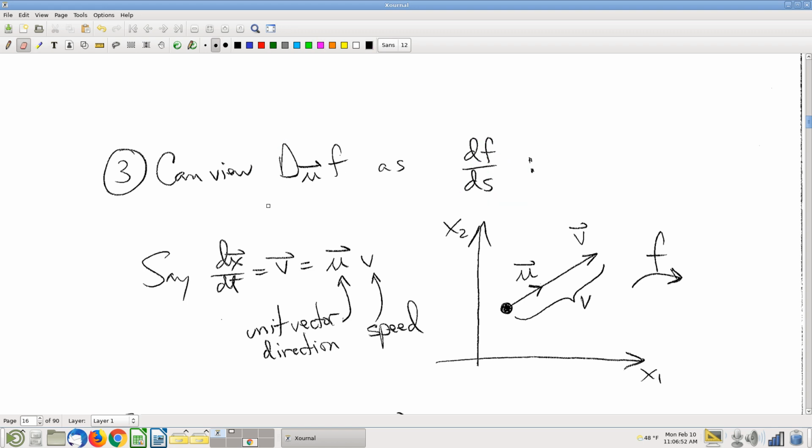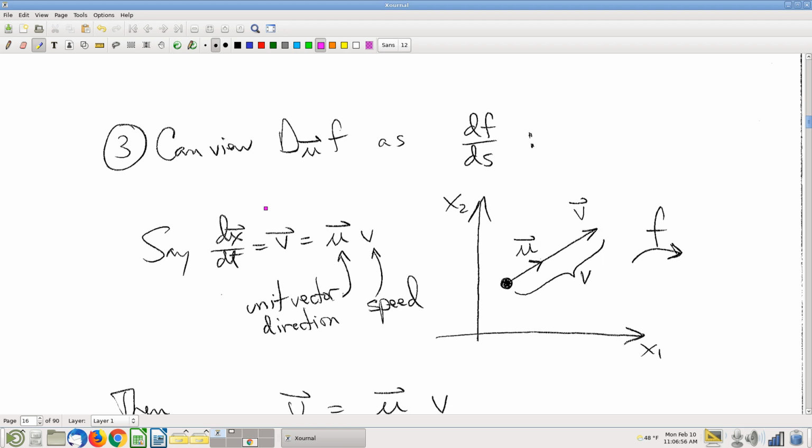Okay. So, very natural thing. So how do we know this is true? It's easy to get to this conclusion. dx dt is a velocity, of course. Velocity you can think of as being a speed, aka a magnitude, times a direction that you're going.